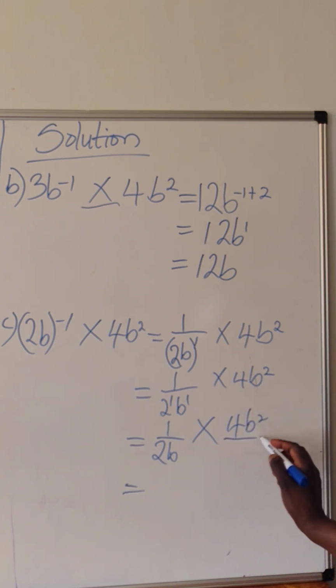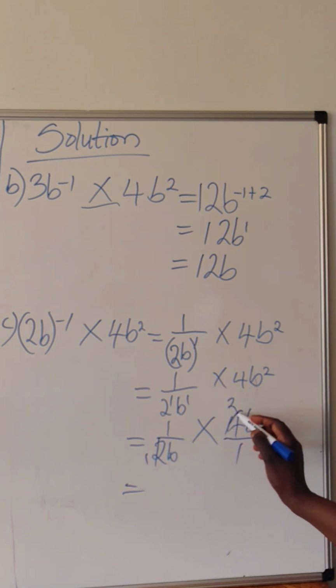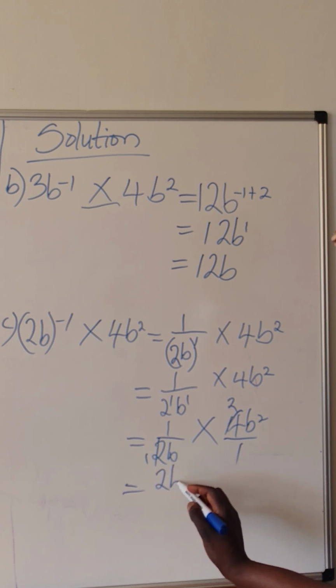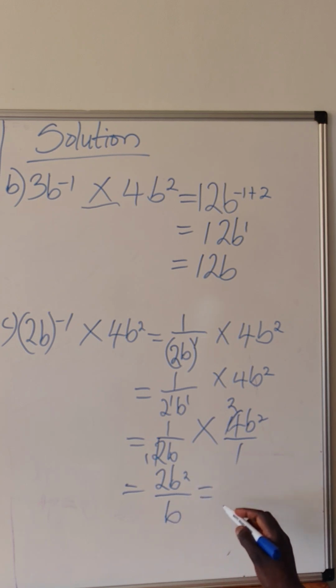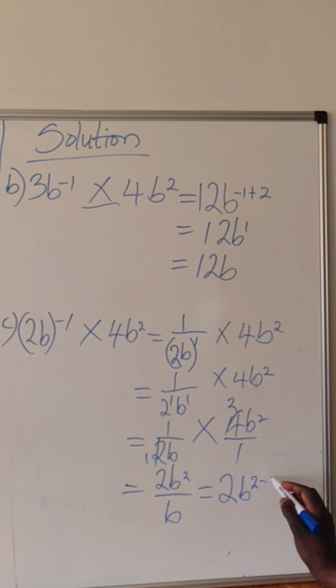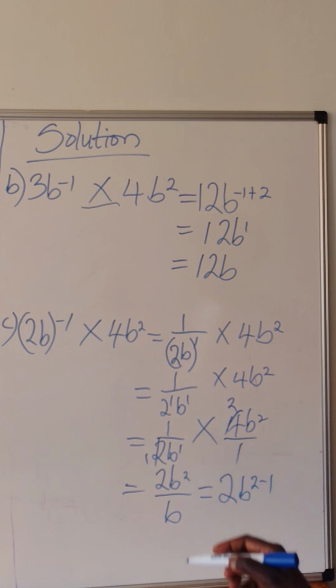So with what is here, 2 here 1, 2 here 2. So we are left with 2b squared divided by b, which implies that 2b squared minus 1, because b here is raised to power 1.